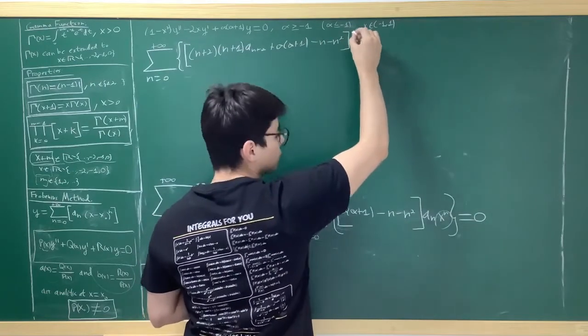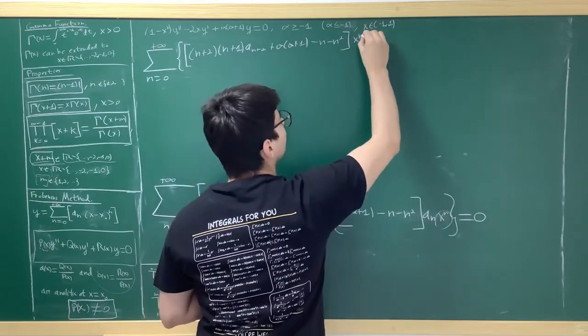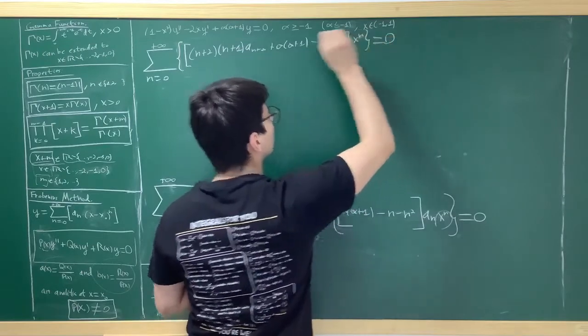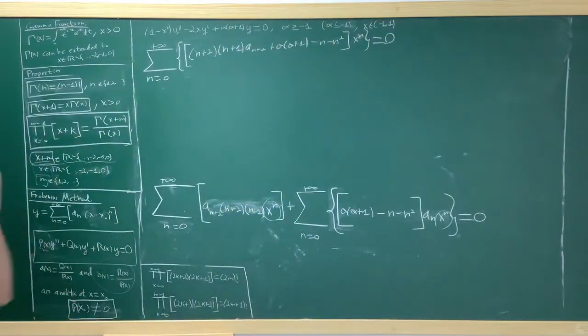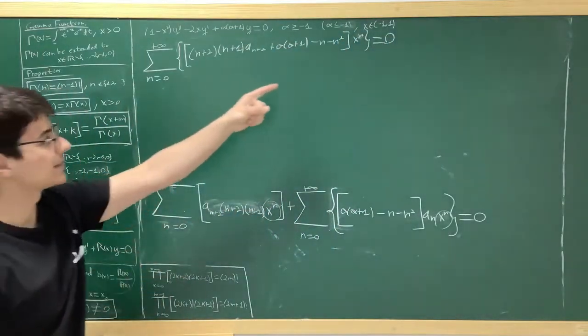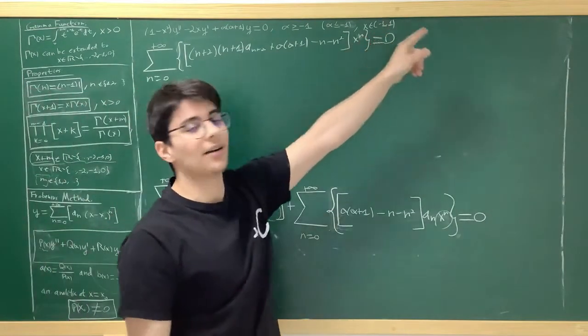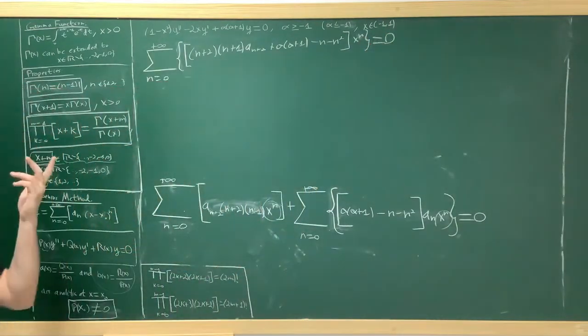This is just multiplied by x to the n. So this is the relation we get. And just notice that x belongs to between -1 and +1, as we said before.